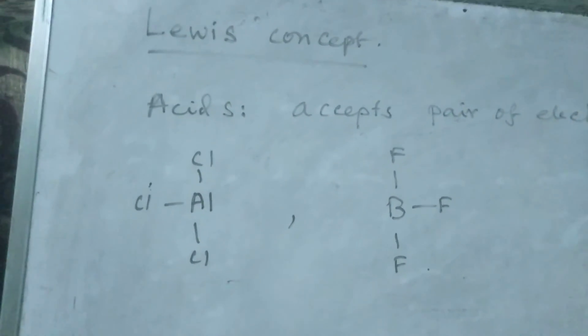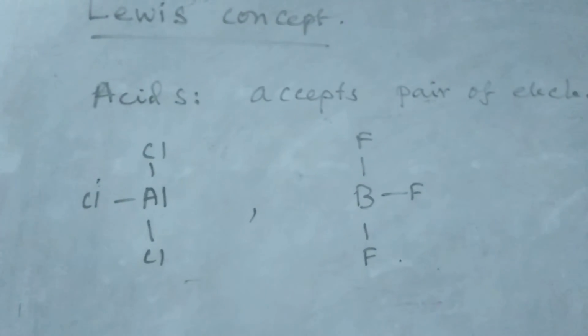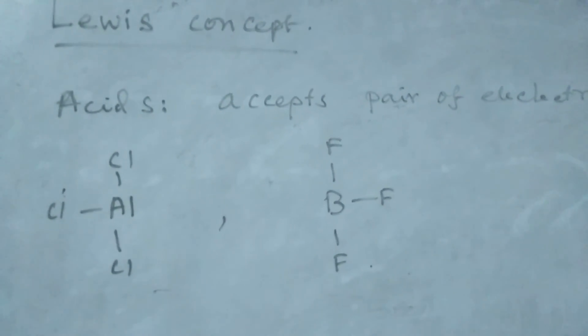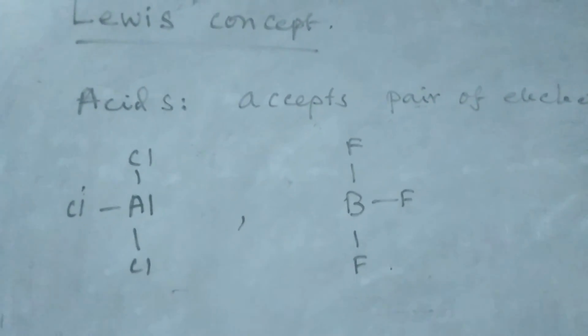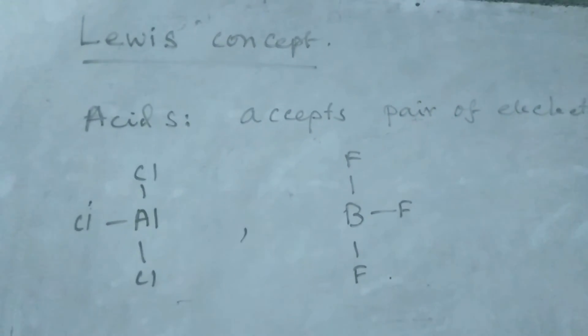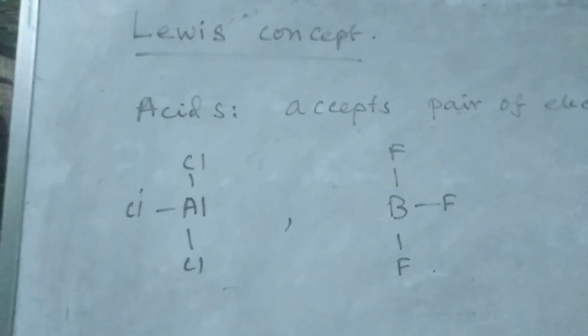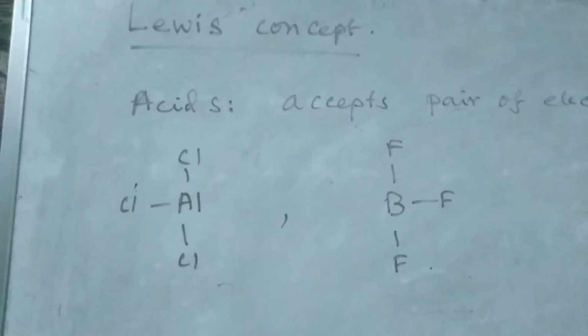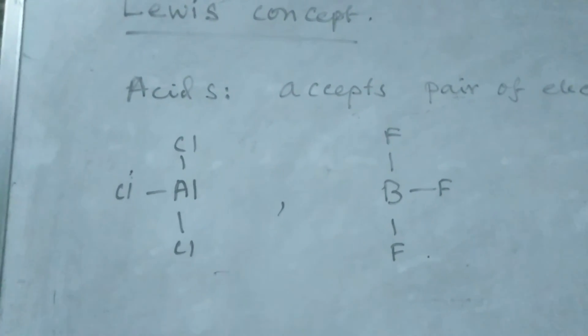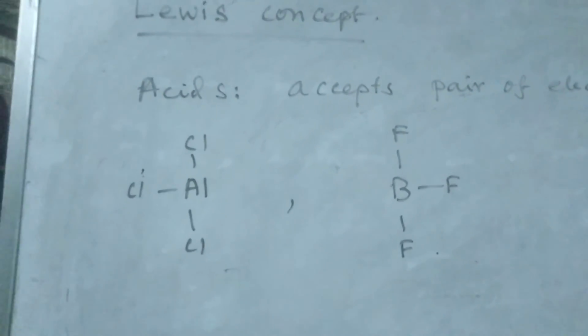For example, any electron deficient compound like aluminum chloride or boron trifluoride can accept a pair of electrons and act as an acid according to the Lewis concept. But the limitation of the Lewis concept is that protic acids like HCl and H2SO4 cannot be explained as acids through this concept.